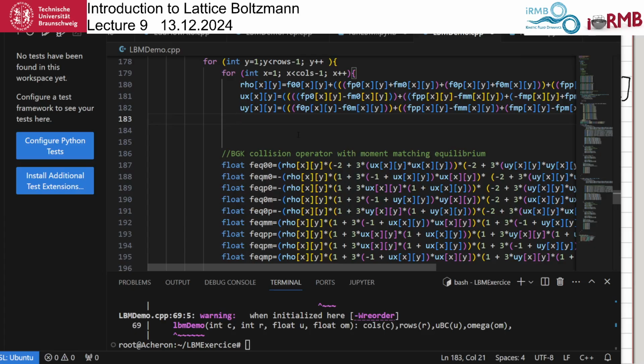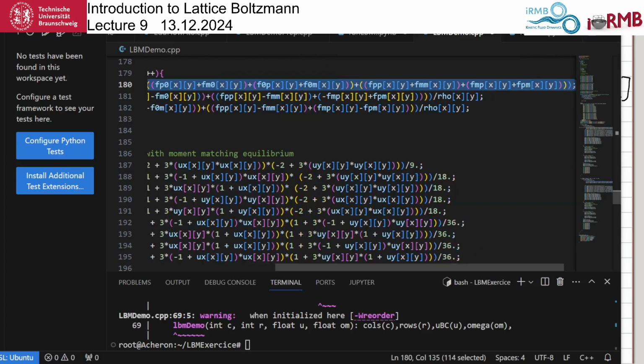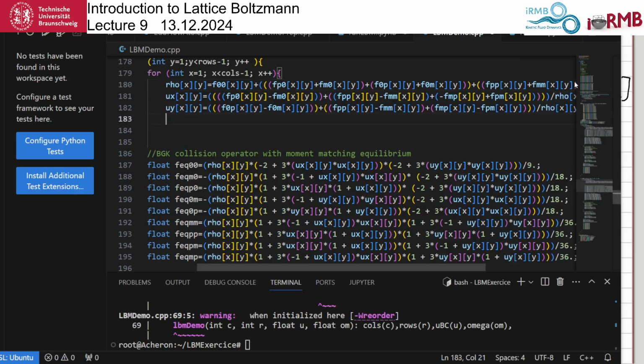What we do need is first to compute the moments. Yeah? So the moments, I will start. Okay, let's have this as an exercise.